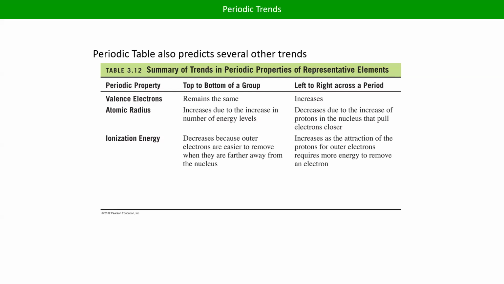So further to the right, your ionization energy goes up. And closer to the top of the periodic table, your ionization energy goes up. So that top right corner, helium, neon, and fluorine, those are going to be the hardest elements to take an electron away from. They're going to have the highest ionization energy.